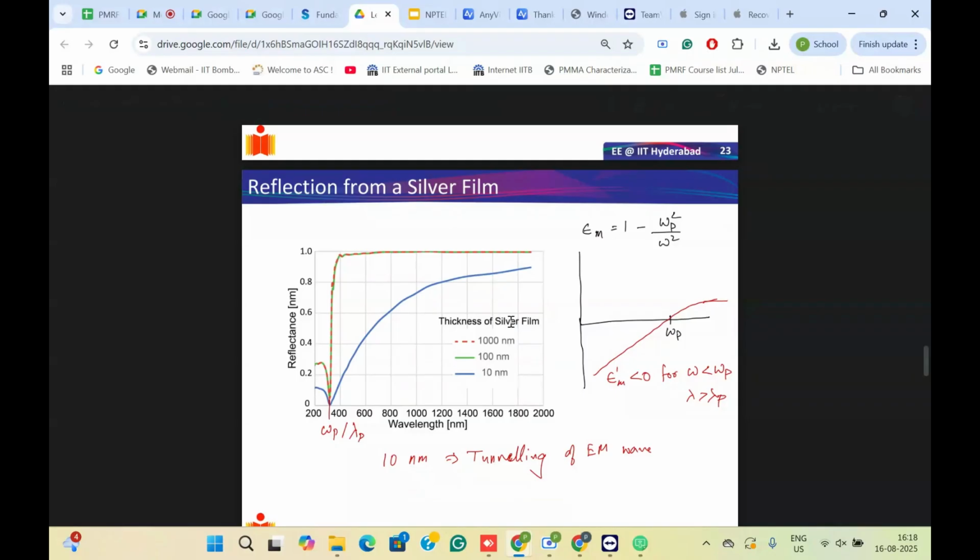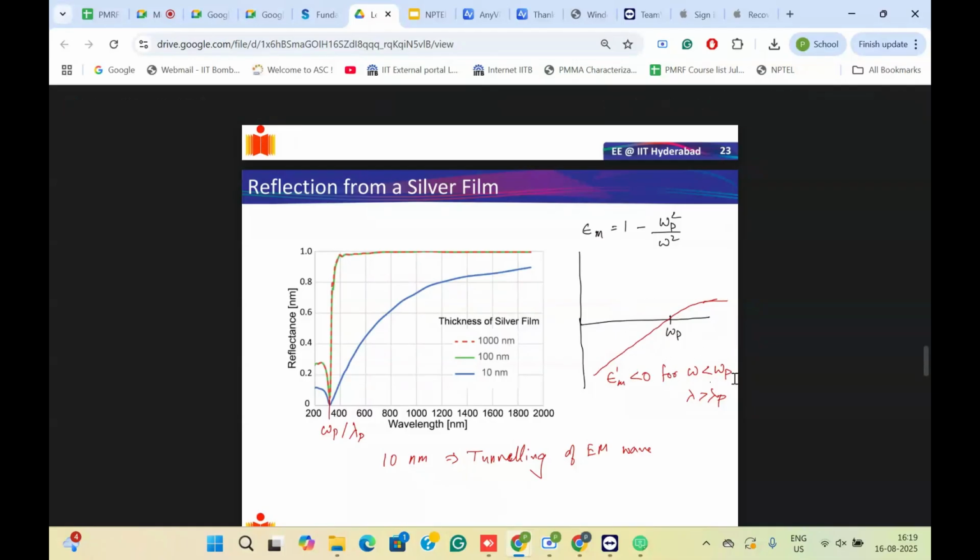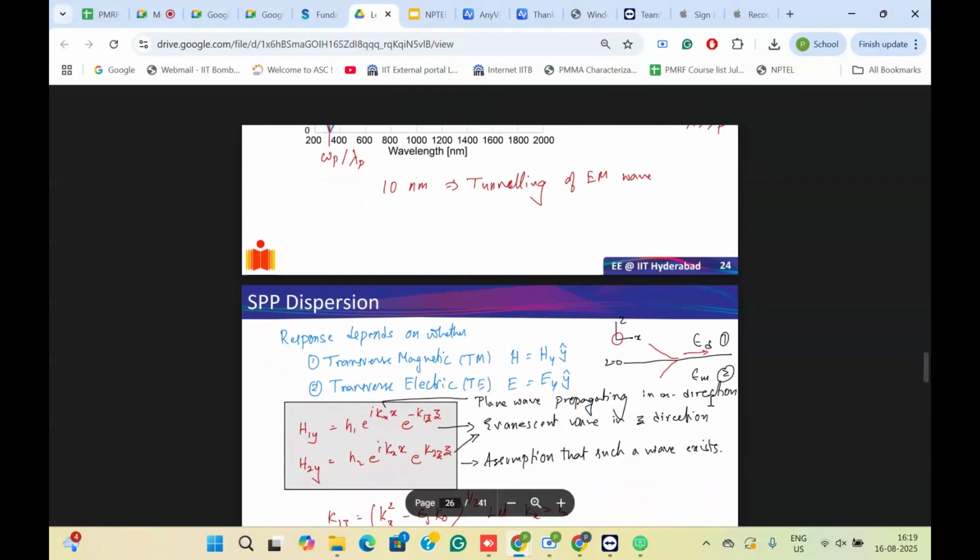For epsilon m, you can see this plot. Epsilon m is less than 0 for omega less than omega p, and for omega greater than omega p, the light will be transmitted.